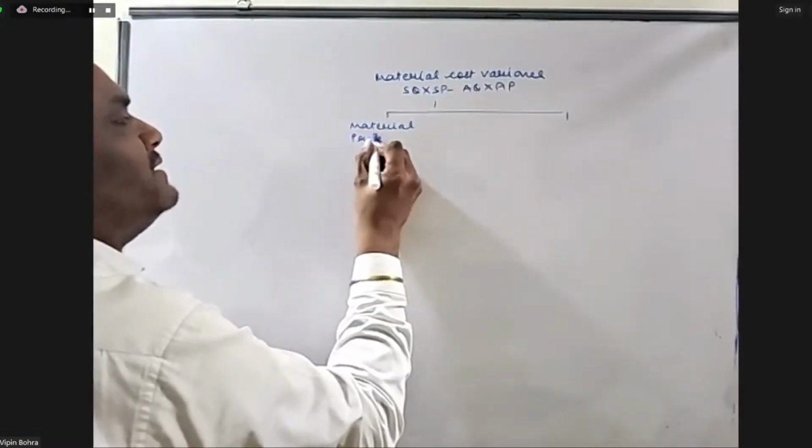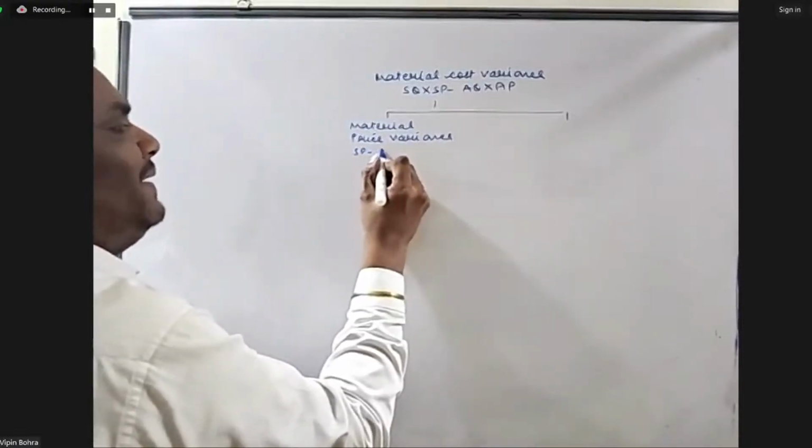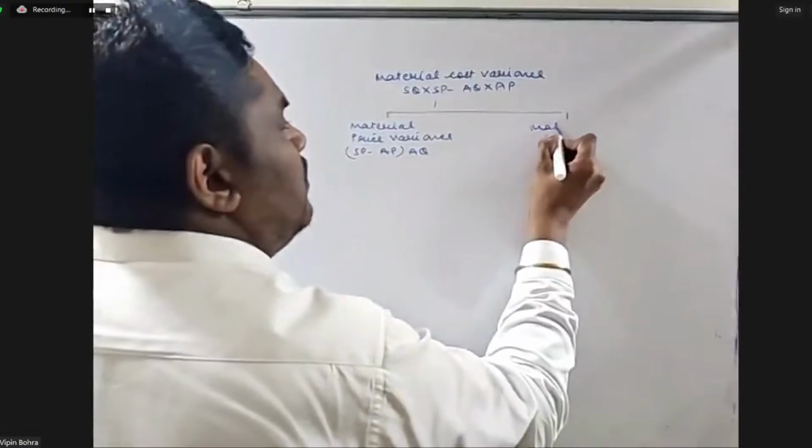Material price variance: standard price minus actual price into actual quantity.